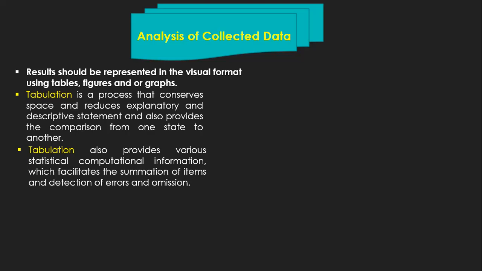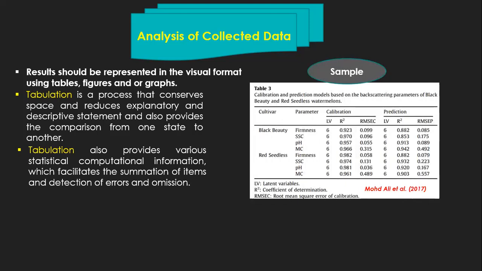Okay? Tabulation also provides various statistical computational information which facilitates the summation of items and detection of errors and omission. So, ingana lang siya. For example, the data based on Mood Ali paper, makita lang nimo, okay, the highest R-square is found in the pH and firmness of red seedless watermelons. Okay?